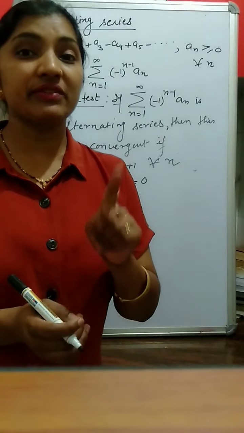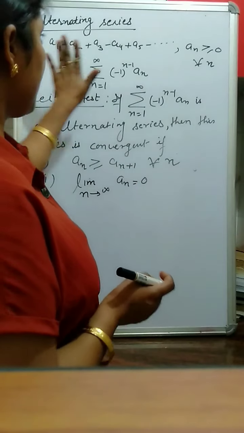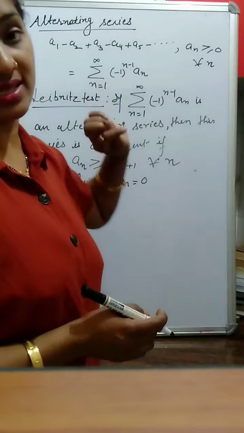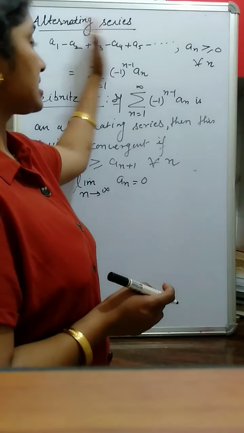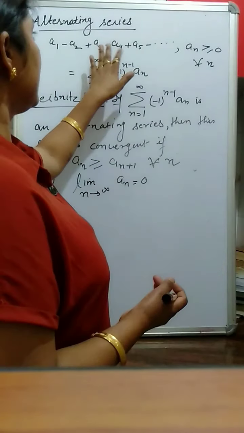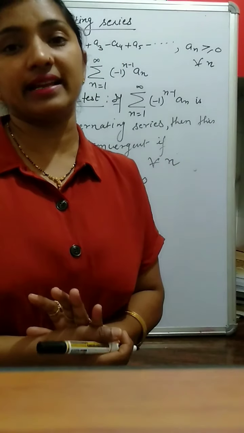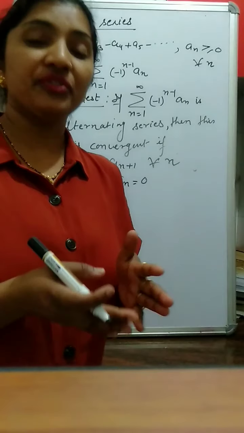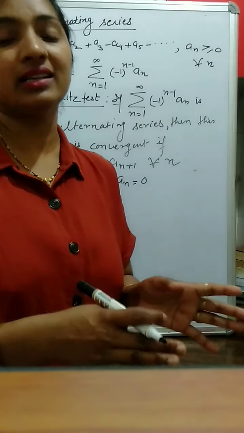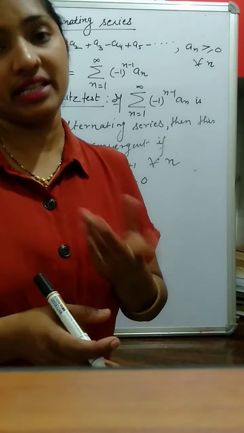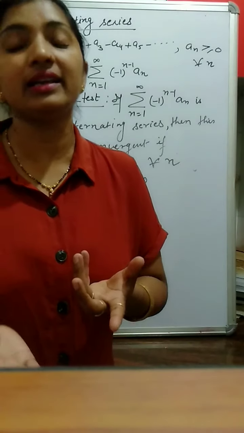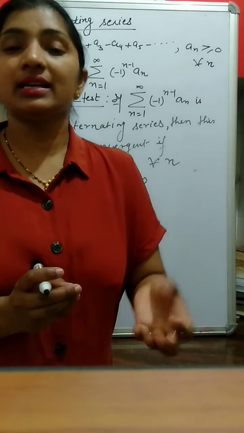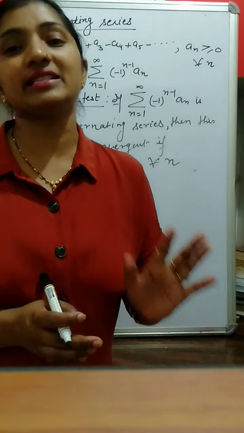But when we take the sum of odd terms, the last term is positive, and if we take the sum of even terms, the last term is negative. So we take the partial sums of even terms and odd terms independently and then find their limit. If both converge to the same limit, then the series is convergent, otherwise not.